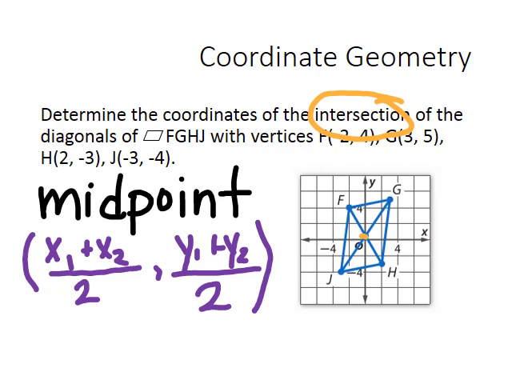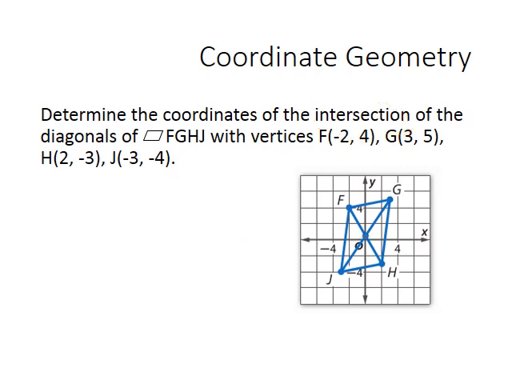It really doesn't matter which diagonal we go with, but we do have to pick coordinates that are on the same diagonal. So we either pick F and H, or we can pick J and G. I'm going to go with F and H since those are the first ones we come to. So we're going to use F as our x1, y1, and H is our x2, y2.